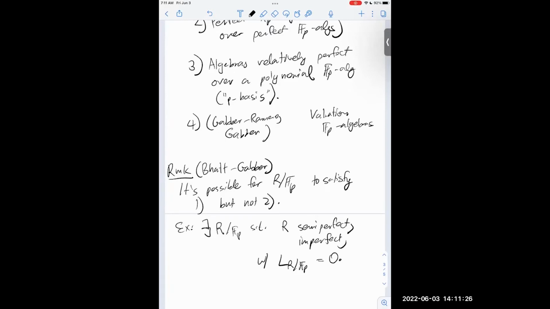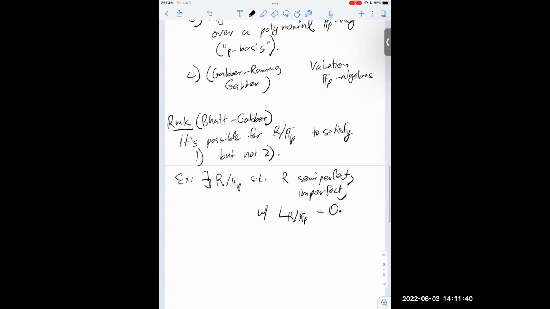The reason is that the inverse Cartier map, the C inverse map, is going to be the Frobenius in degree 0, since the de Rham complex is just R in degree 0. But the inverse Cartier map from R into the de Rham complex is the Frobenius, so it's not an isomorphism. So this notion is a little bit subtle for that reason.